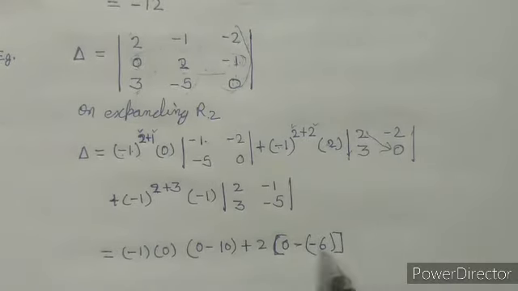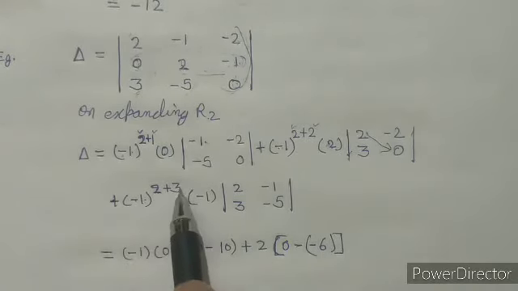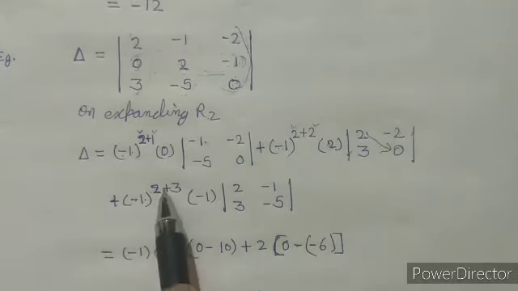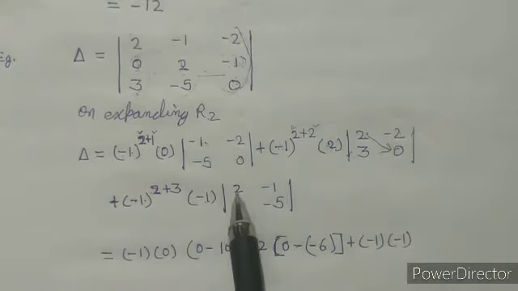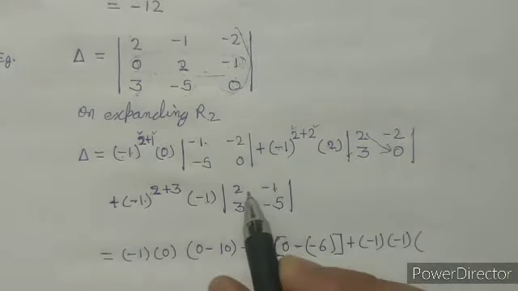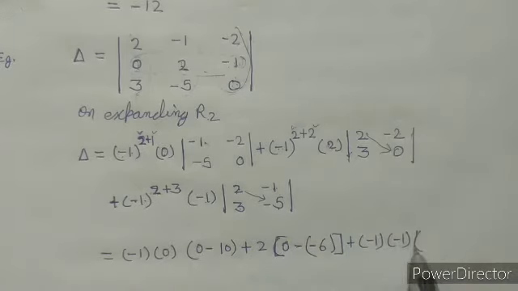Now plus -1 raised to power 2 plus 3. Now 2 plus 3 is 5. So -1 raised to power 5 will give us -1, into -1, and the determinant of 2, 1, 2 minus 1, 3 minus 5 will be equal to 2 into -5 will be equal to -10 minus, now 3 into -1 will be -3. That will give us 0.